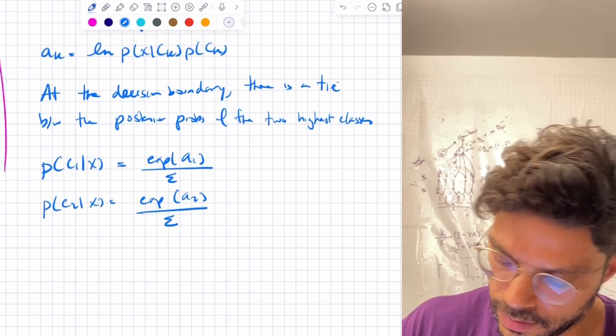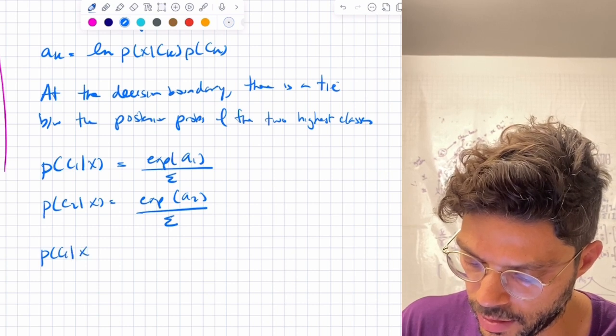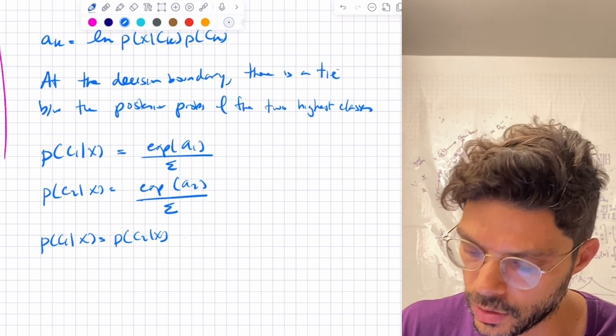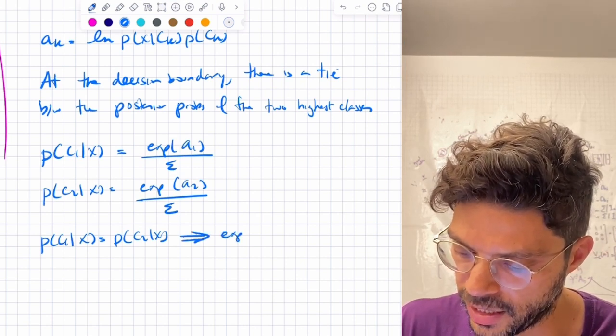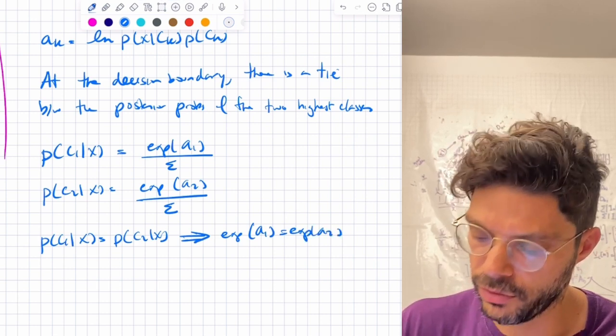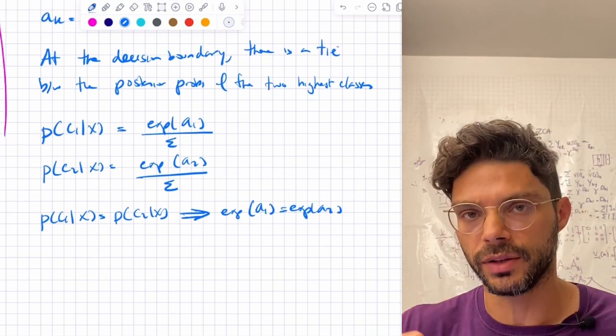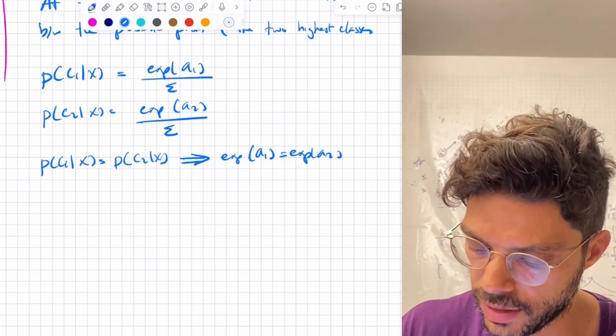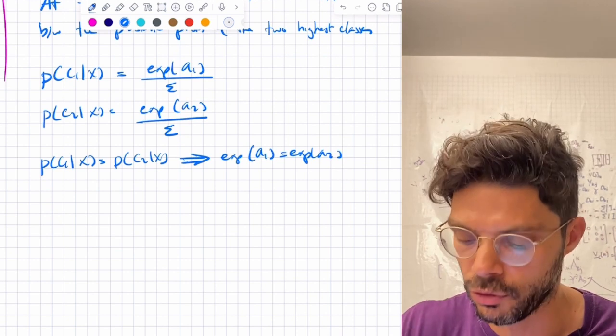If we set P of C1 given X equal to P of C2 given X, that's going to be exp of a1 equal to exp of a2. For the Gaussian situation where we assume the covariances are the same, we're going to drop the 2 pi's and the sigmas.